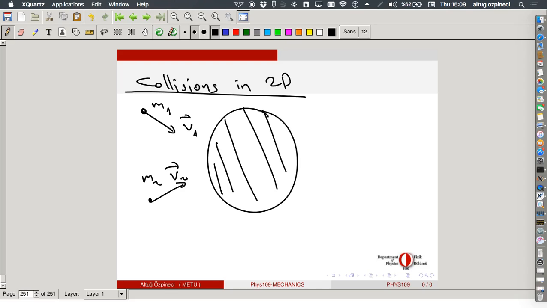But when they come out, the first mass has this velocity, V1 prime. It still has the same mass. And M2 has V2 prime. So you send these two masses to some region, and then they come out of that region with different velocities.